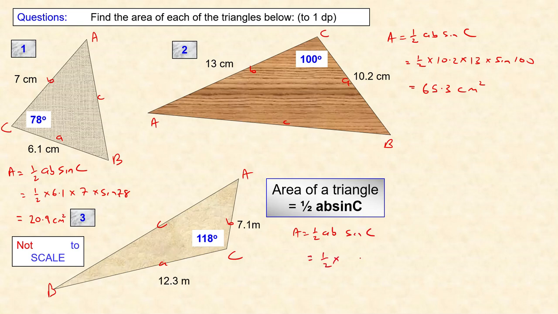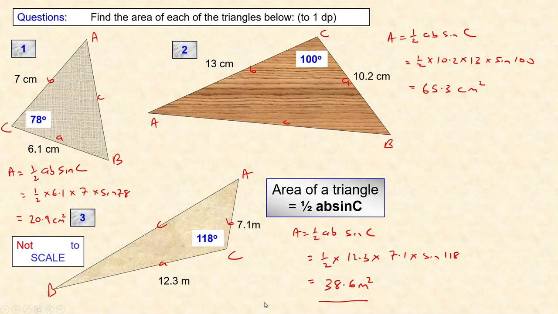A half times A, 12.3, times B, 7.1, times sine 118. And once we plug it into our calculator, we should get 38.6, and the units are in meters, so it's going to be meters squared.